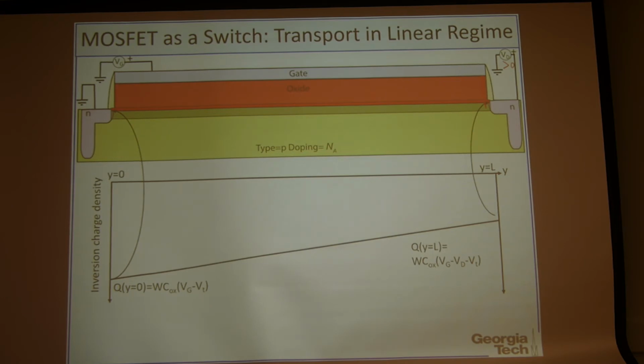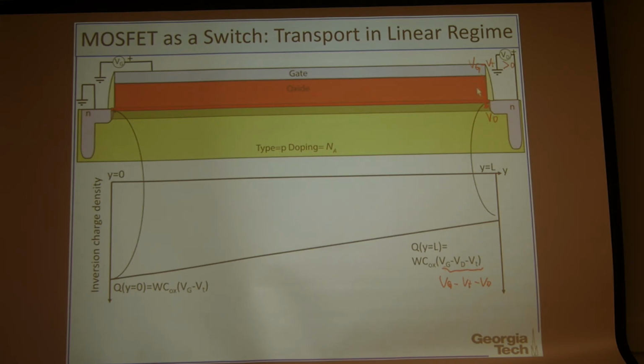So initially we have the gate voltage minus Vt, that is the effective voltage across this one. But now the other side, this plate, the voltage potential is raised up to Vd. So the actual difference is Vg minus Vt minus Vd. That is the actual voltage difference, because now you have Vd here.